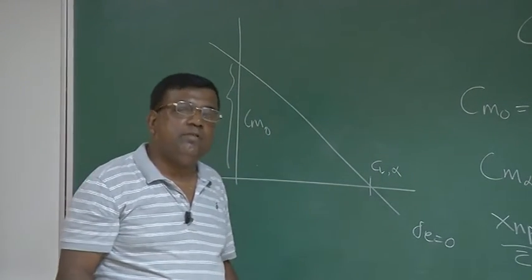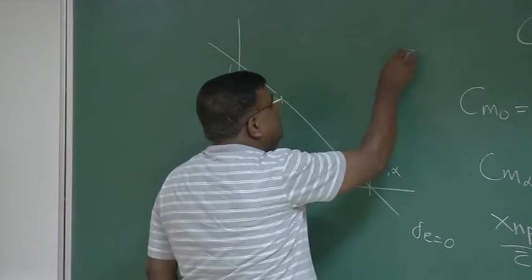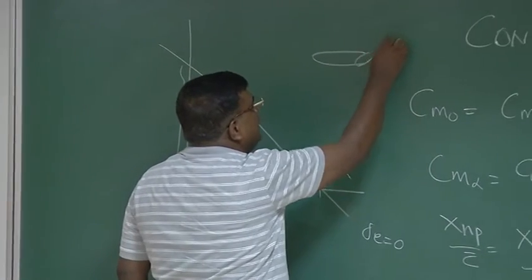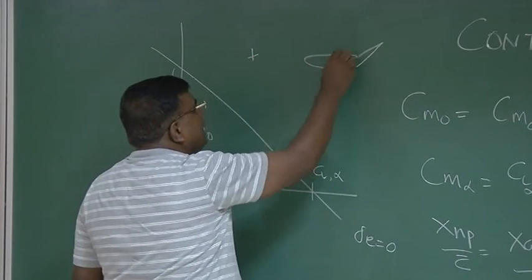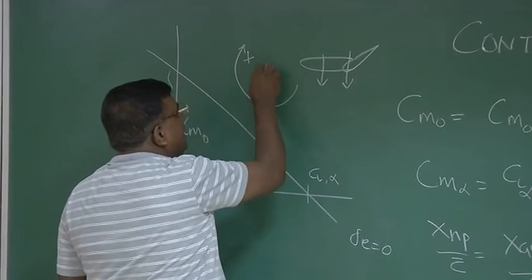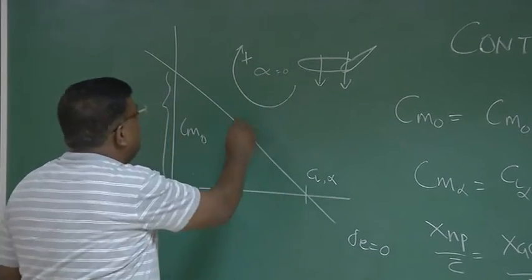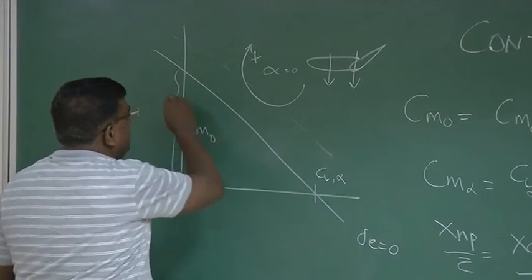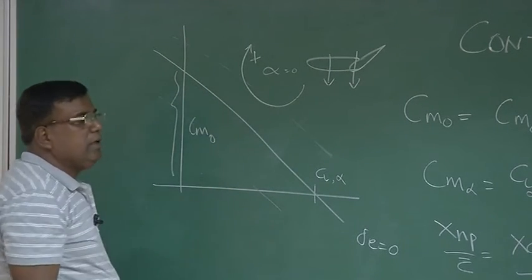By giving elevator deflection, suppose this is the tail, I can generate moment Cm naught even at alpha equal to 0. So this graph can be shifted here, depending upon what deflection you have given.